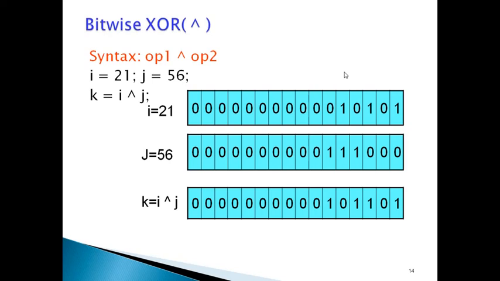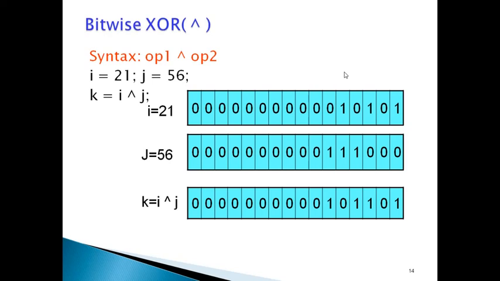Here the value 21 is 10101. j is equal to 56, which is converted into binary format, 111000. Now we will see the XOR operation. At the first bit level, 1 XOR 0 returns 1.